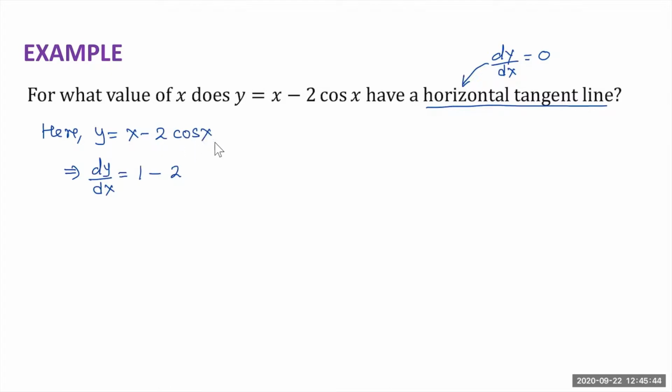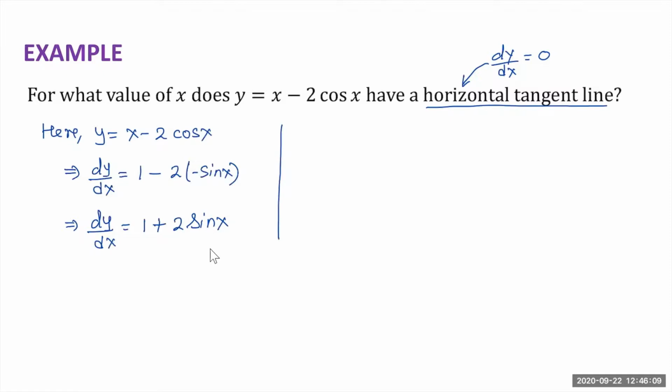Derivative of cosine x is negative sine x. So if we simplify that, the derivative is equal to 1, negative 2 multiplied by negative sine x. Negative times negative is positive 2 sine x. So that is the derivative.